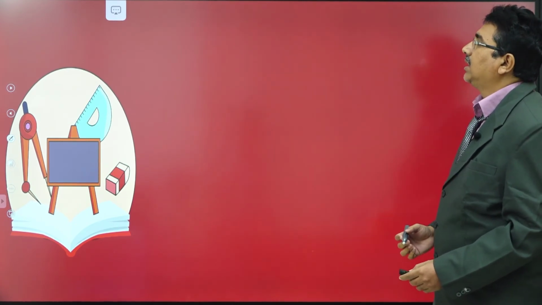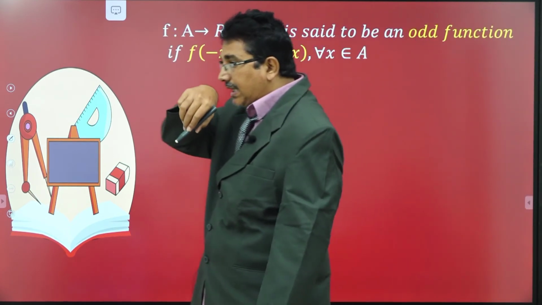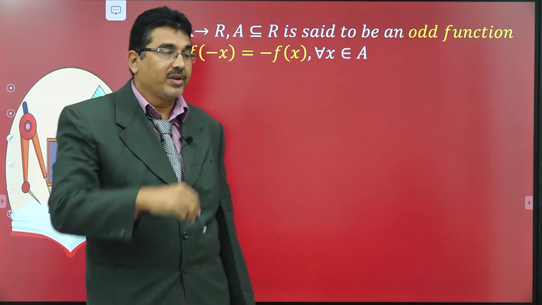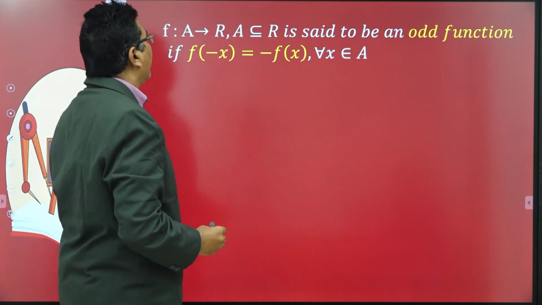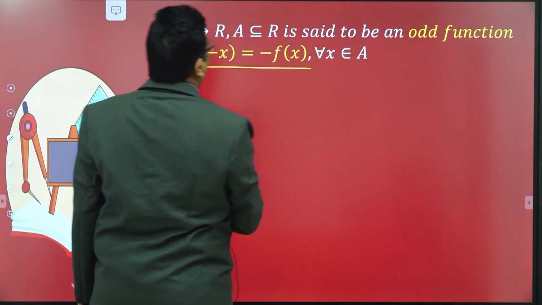Now the odd function definition. A function is said to be an odd function if f of minus x is equal to minus f of x.